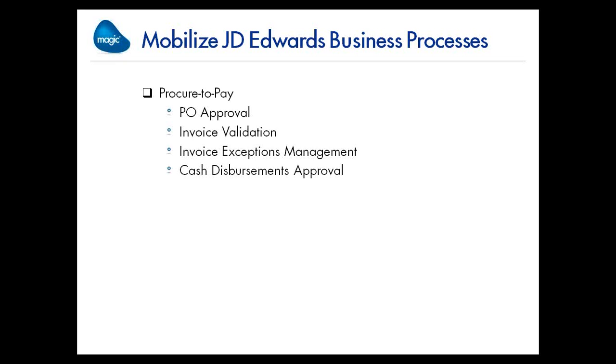And then finally, we look at procure to pay, where you may have mobile need for PO approvals, invoice validation, and even managing exceptions on invoices where you have disputed invoices, and cash disbursements approval can be part of that procure to pay process where you want those mobile authorizations and approvals to take place as well.